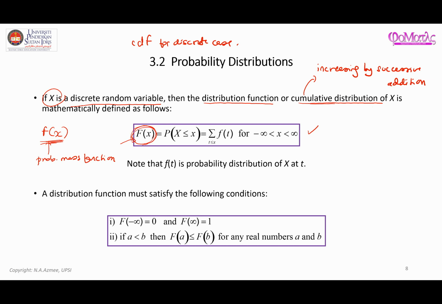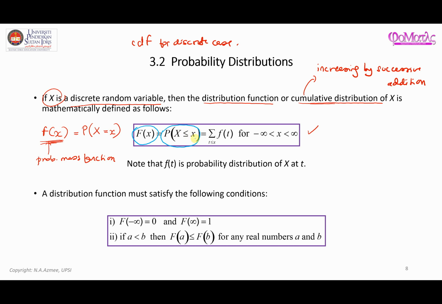What is the meaning of small fx? It tells you to find the probability of random variable x taking one specific value. On the other hand, in the mathematical definition given here, big Fx means finding the probability of our random variable x taking a value that is less than or equal to this small x.